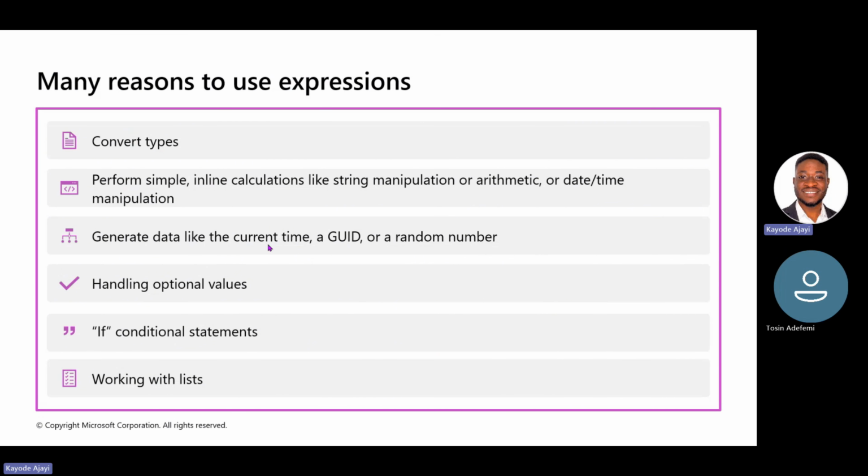So, handling optional values. In some cases, the action you are trying to use always expects a value, right? So you must always pass a value into that action. But what happens if the previous action doesn't have a value? You can write some conditions.